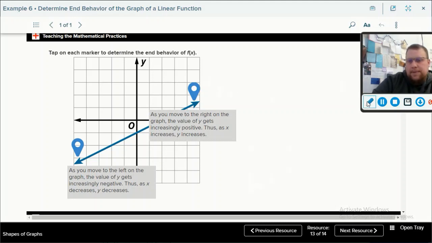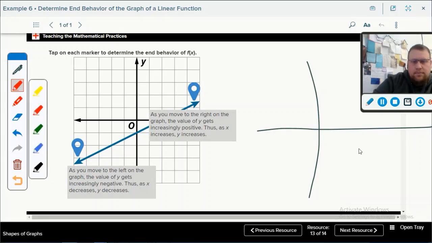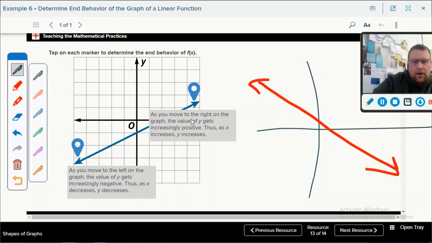But what if it's opposite? What if our slope is negative? That is a terrible line, but we're going to go with it. So what do we see of our end behavior? We see as x is decreasing, y is increasing. So as x is going down, our y is going up.